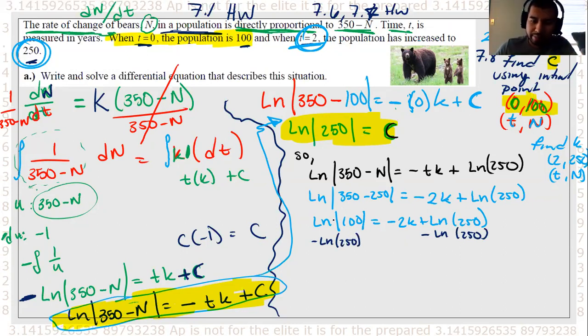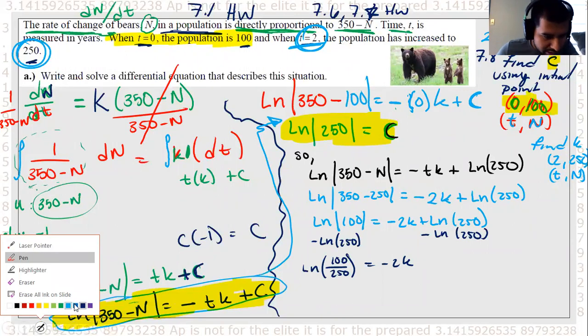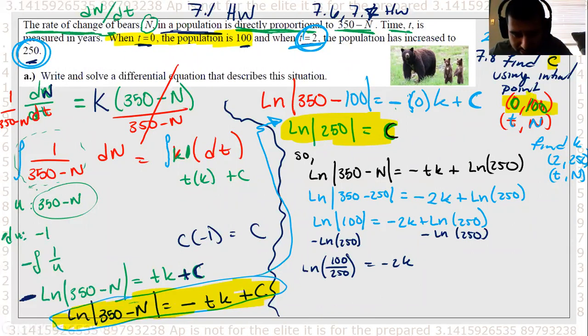So this right here, I'm going to say it's division, right? Because subtraction of logs is division. So ln 100 divided by 250 is equal to negative 2k. I don't know about you guys, but that 100 and that 250 I can simplify, right?